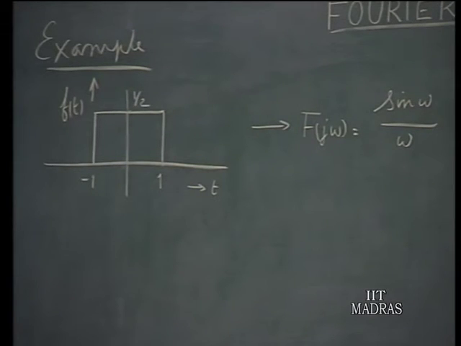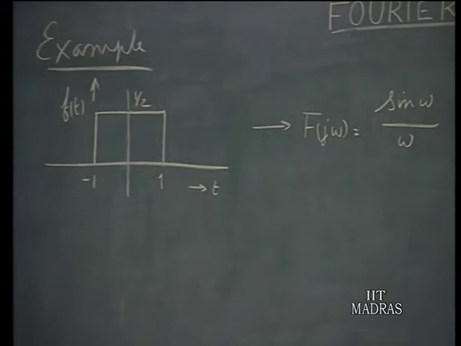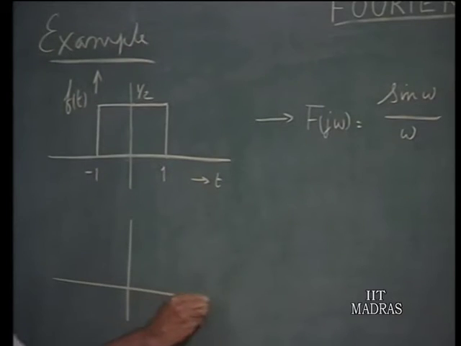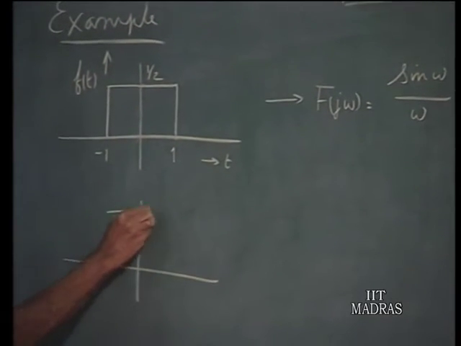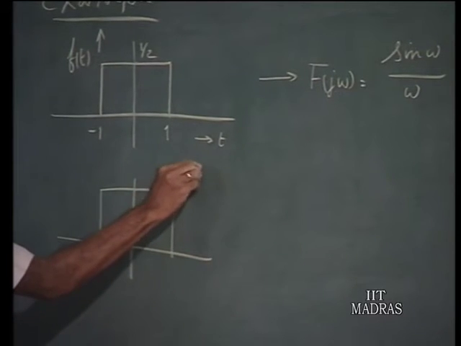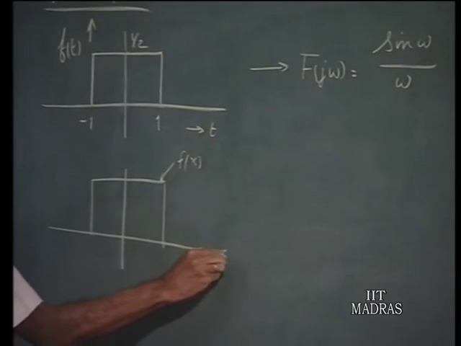Now, what I would like to know is what is the Fourier transform of f of t star f of t, that is f of t convolved with itself. So, if I want to find out f of t convolved with itself, then first of all I write this, let us say, f of x as a function of x.